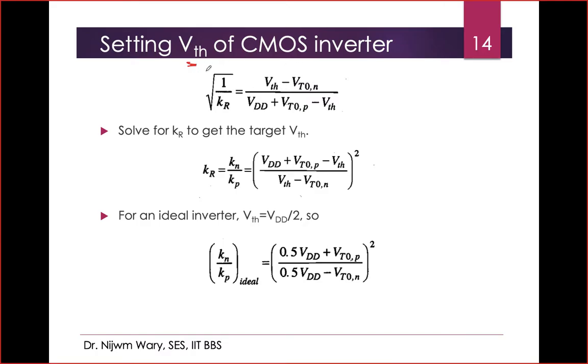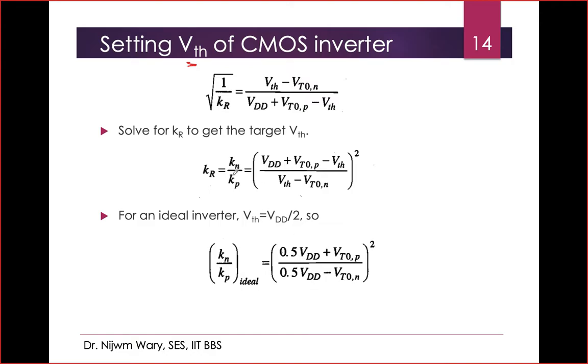If I rearrange that equation, note that this is not the magnitude, this is the absolute value. Solving for Kr, which is Kn by Kp, if I just square it and rearrange my equation, I'll get this kind of expression. Finally, if I solve this, what I get is Kn by Kp of an ideal inverter.